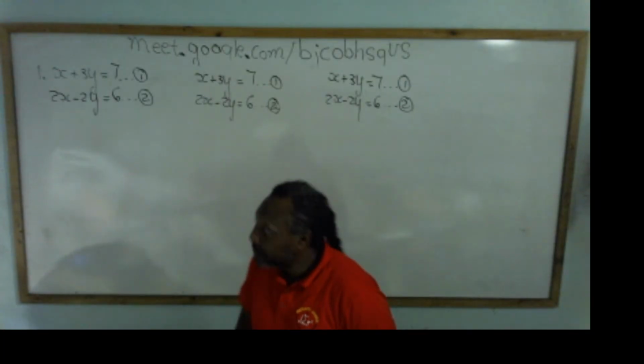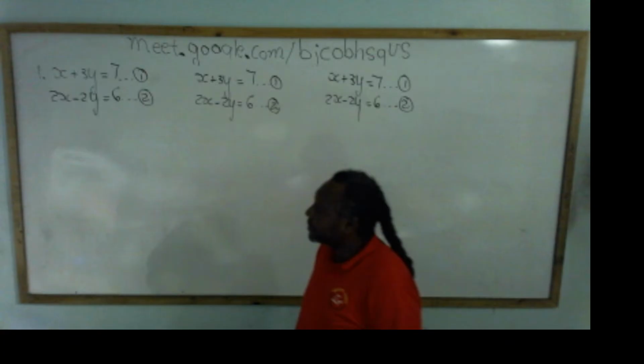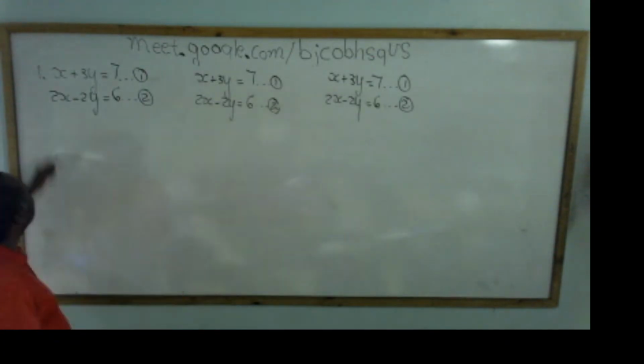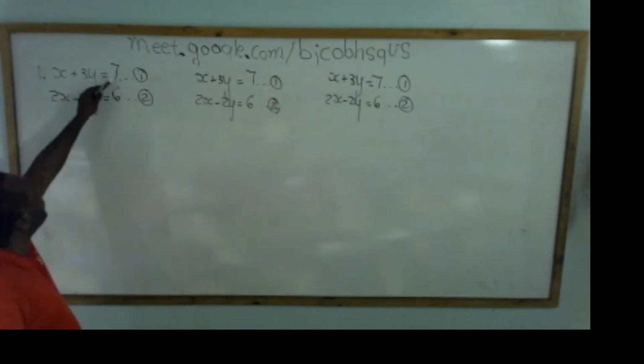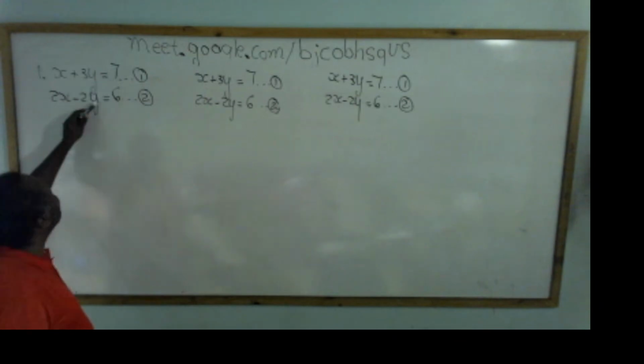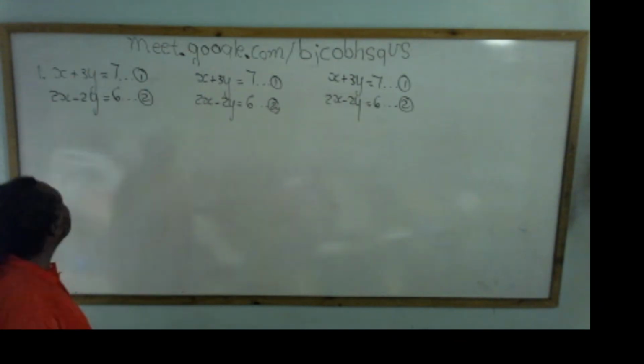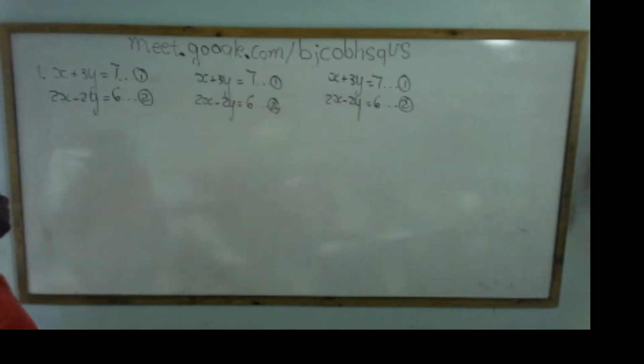All right, let's begin. We have this pair of simultaneous equations: x plus 3y is equal to 7 and 2x minus 2y is equal to 6. An individual might see a 2x here and multiply the first equation by 2, so that we have 2x also.